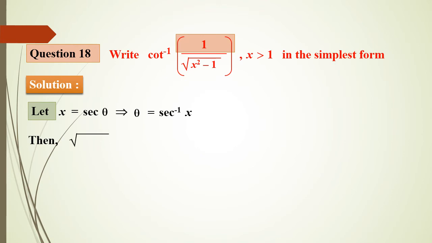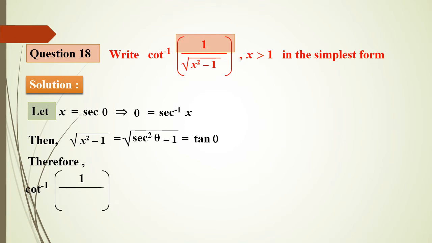Before that, simplify root of x square minus 1. This is sec square theta minus 1, which can be written as tan square theta. Square and square root get cancelled, and just tan theta remains. So the result of square root of x square minus 1 is tan theta.